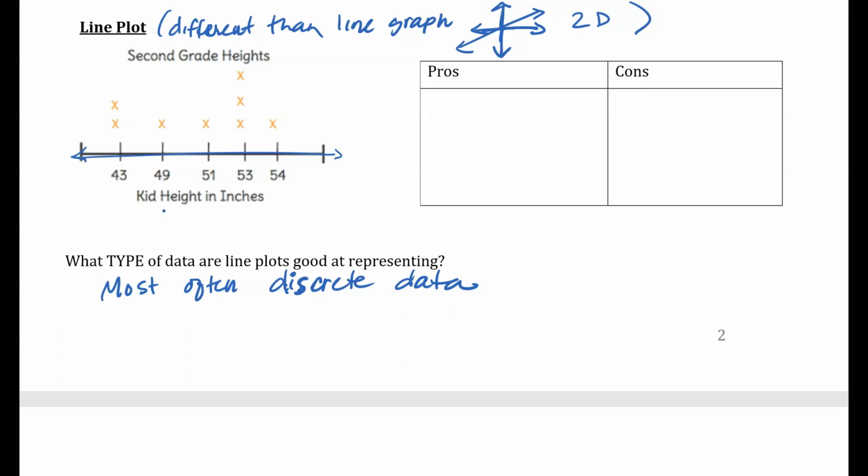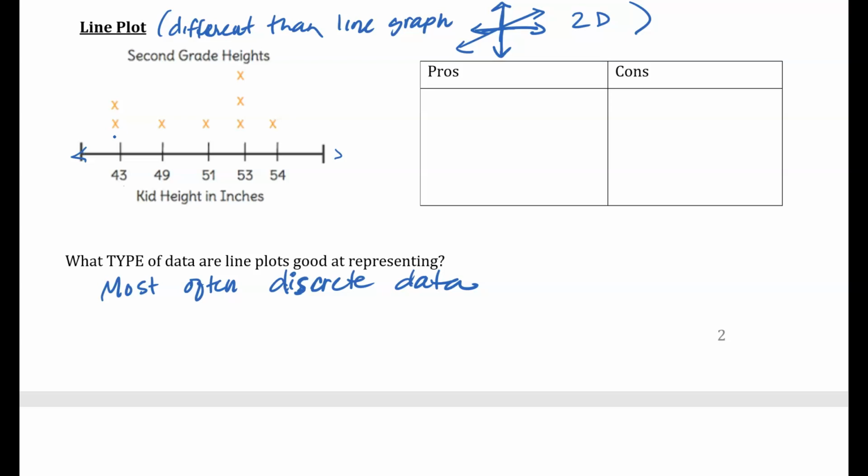If I were to survey kids and give them whole numbers to choose from, and they were just to pick which whole number they were closest to, then it sort of makes that data discrete. So it wouldn't make sense to have an option of 43.1 and 43.2 and 43.3 because it would be really tricky to make all of those X's in between. So you really want to stick to whole numbers here.